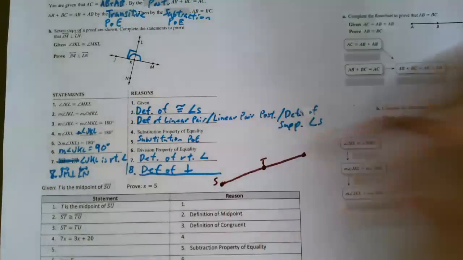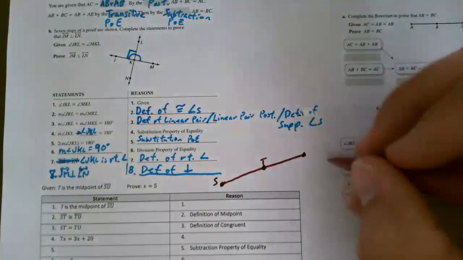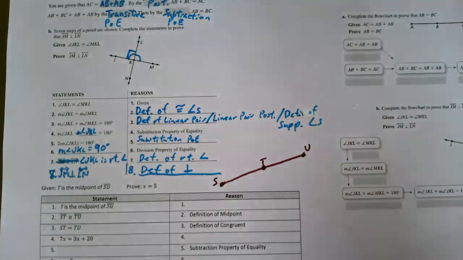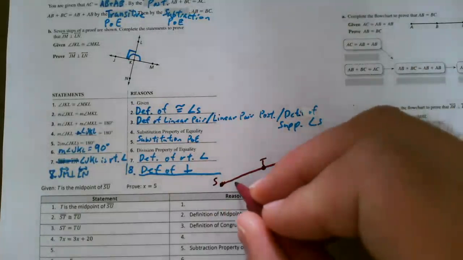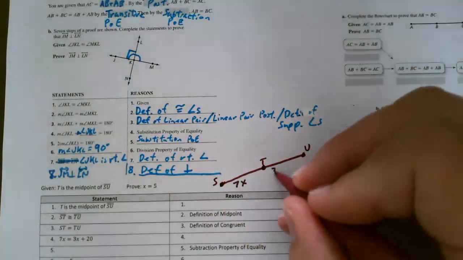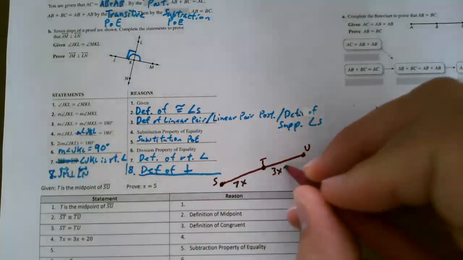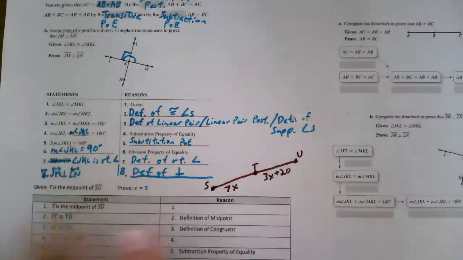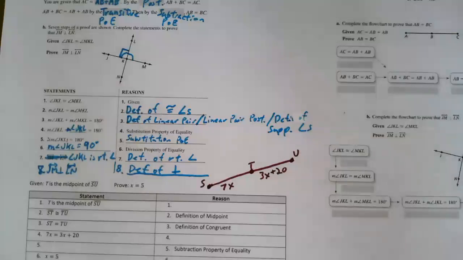S is on one end, and U is on the other. All right. And we have two measurements written in. The measurements are actually written as expressions. We have 7x and 3x plus 20. All right. So this is for our next proof. So that was given to us as well. We have our given statement, and we have what we're trying to prove.